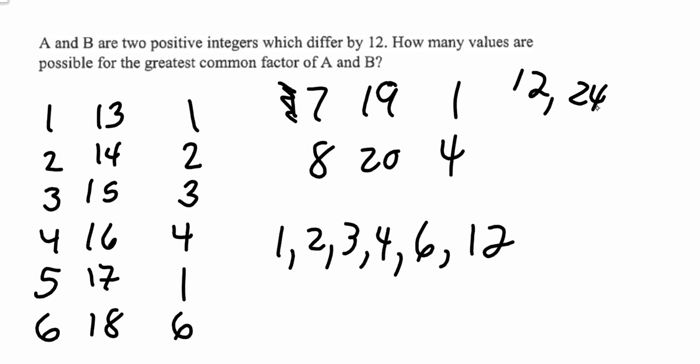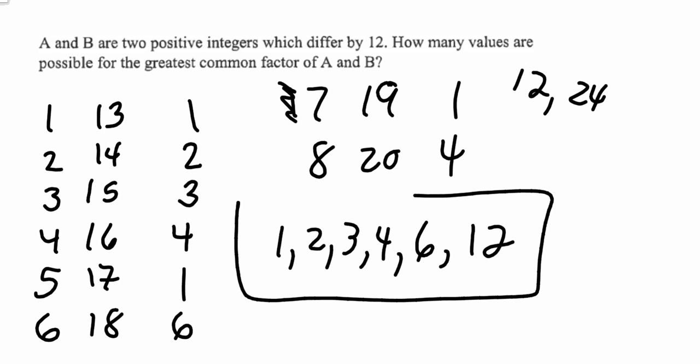Once you give that a try, you're going to realize that there are no other greatest common factors, that those are the only ones. The other ones just repeat. So the number of possible values, there are 6 possible values here. And it's all based on 12, the factors of 12, basically, in this case.